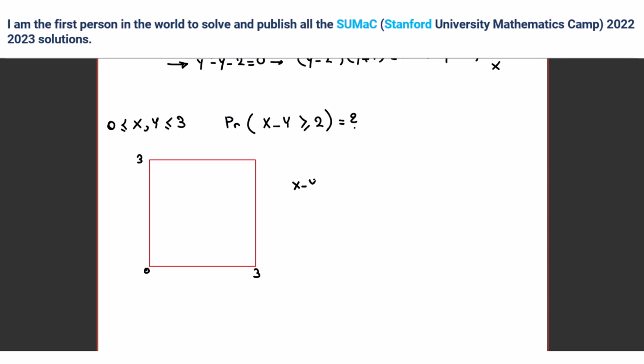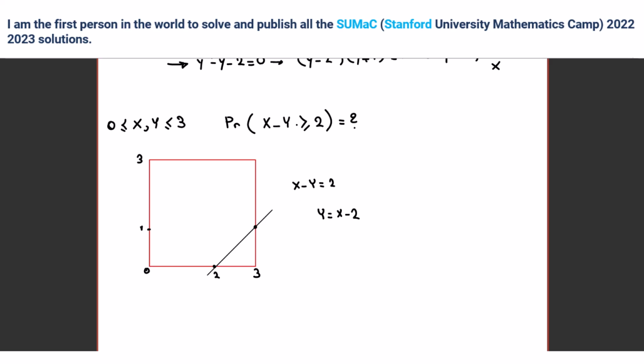At first I should draw x minus y equals 2. So y is equal to x minus 2. For 2 it is 0, for 3 it is 1. It would be a line like this, right?